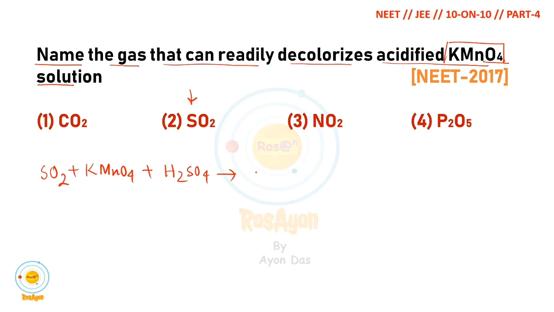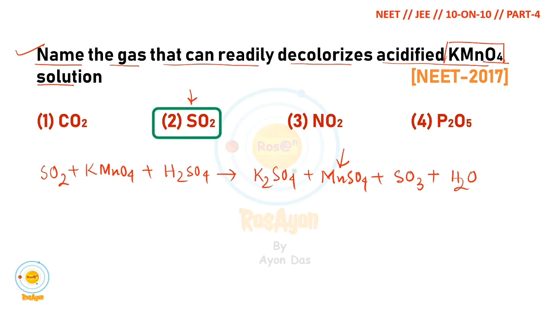It produces K2SO4 and colorless MnSO4 with sulfur trioxide and water. As MnSO4 is colorless, the solution becomes decolorized in presence of sulfur dioxide.